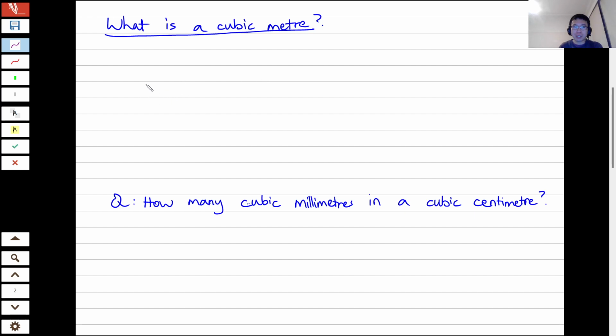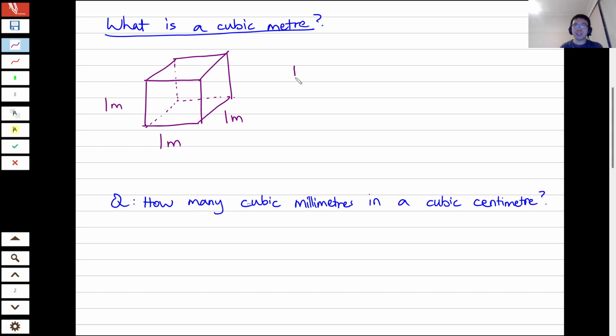So, let me show you what this means. Imagine I have a cube with dimensions 1 meter along each direction. So, every side length of the cube is the same. It's 1 meter.